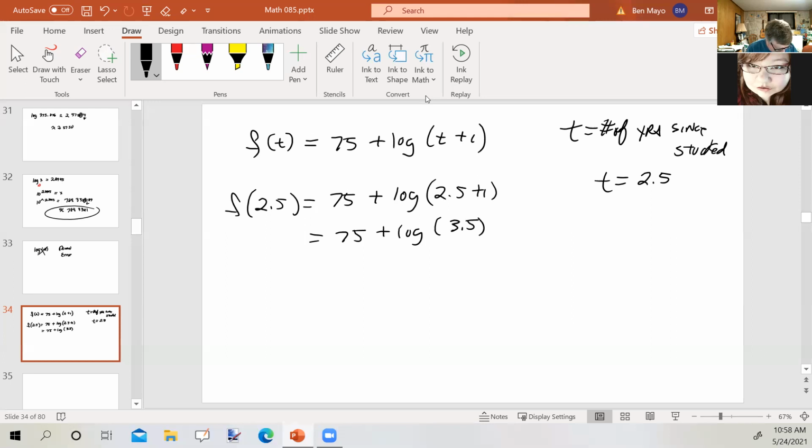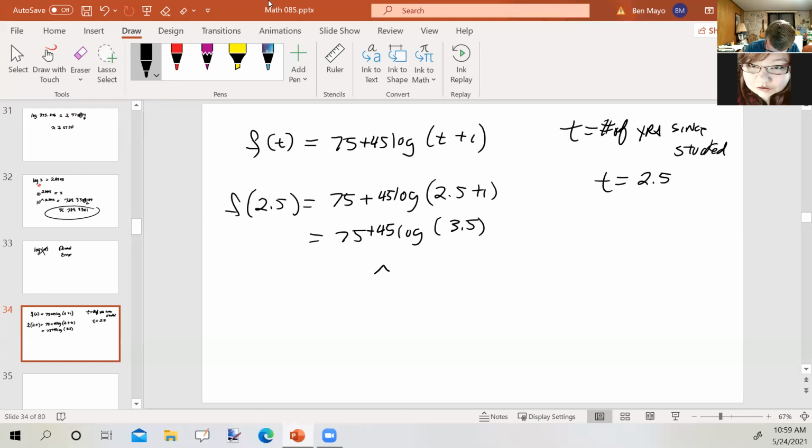I left something out of this formula. No wonder. It's supposed to have a 45 right there. That's going to change things considerably. Okay, so let's go back and recalculate that. 75 plus 45 times the log of 3.5.